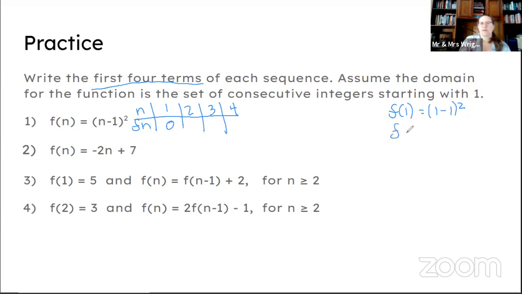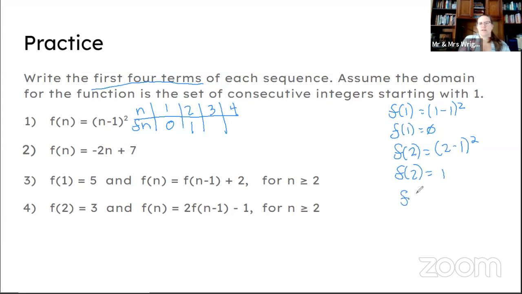So f of 1 is 0. Let's look at f of 2. F of 2 is 2 minus 1 squared. 2 minus 1 is 1. 1 squared is 1. So f of 2 is 1.